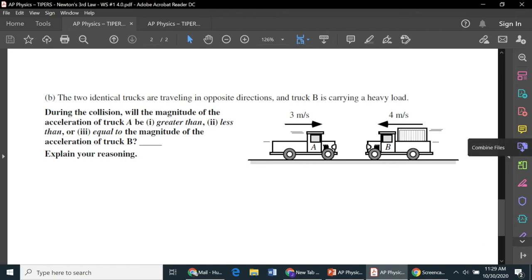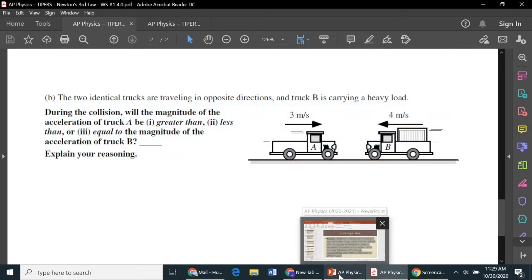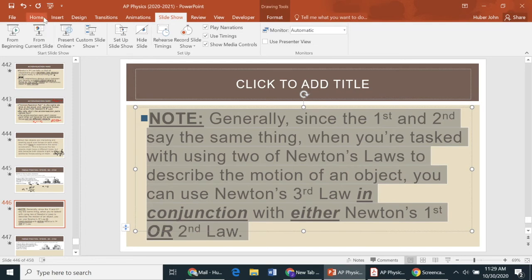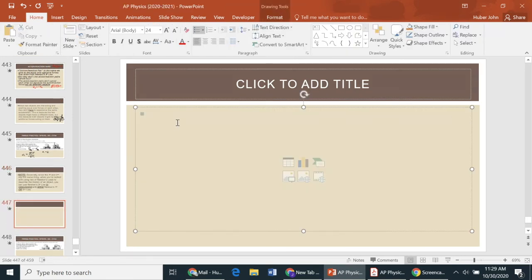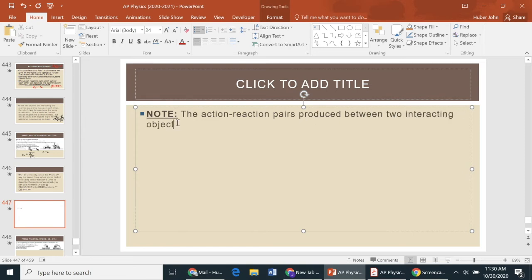And so really all I want to do for this one is just to acknowledge that although this is a slight variation because they've switched the direction of the truck, it's essentially the same problem. And what we should say about this one is, note, the action-reaction pairs produced between 2 interacting objects have nothing to do with the object's masses, initial velocities, or final velocities.